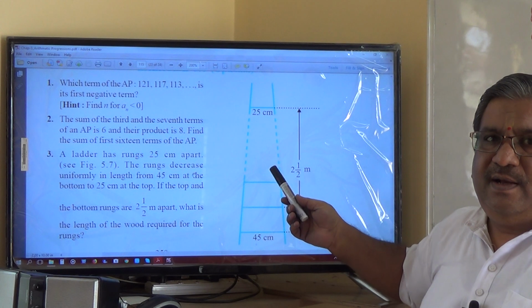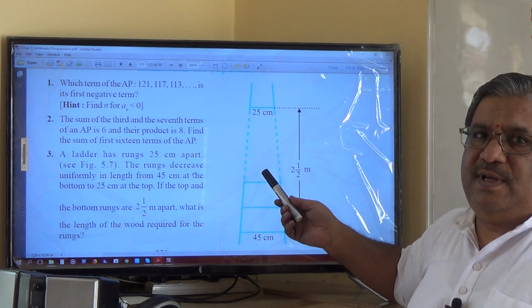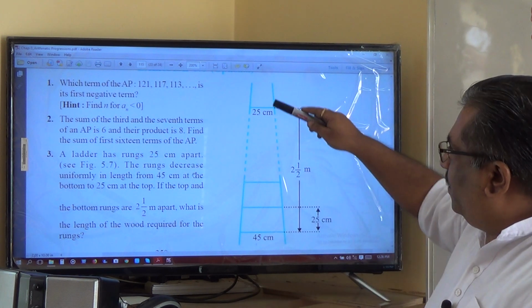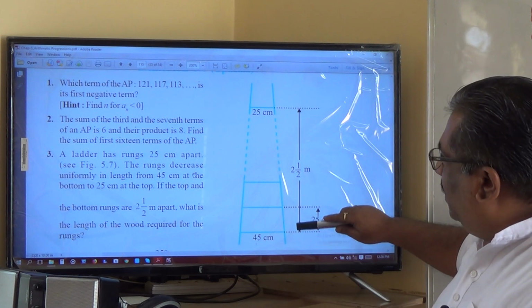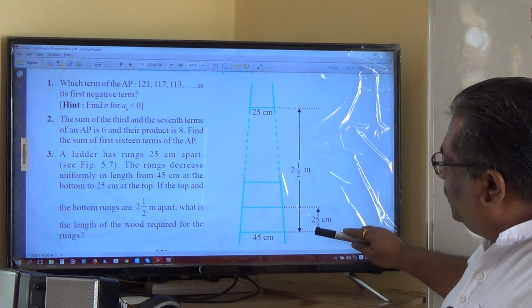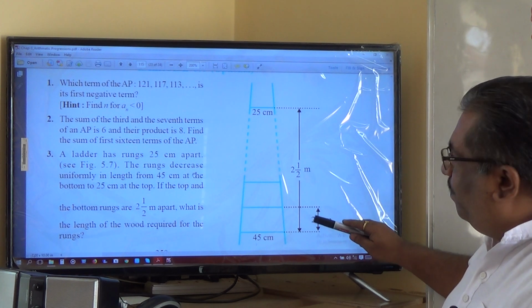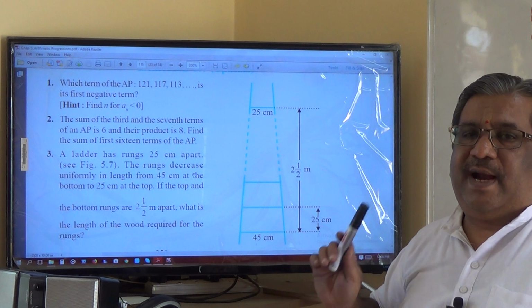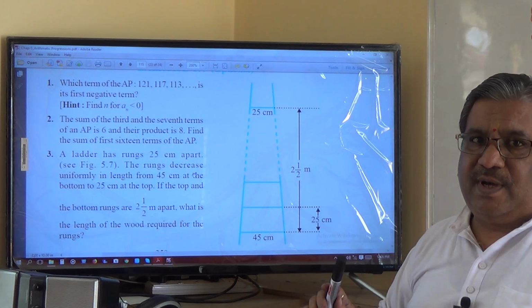If you know N, then it is possible to calculate the total length of the rungs. How do you calculate the number of rungs here? This total distance divided by the distance between two rungs plus 1. Plus 1 is to be added over here, most important thing. Okay, so we'll see how to solve.